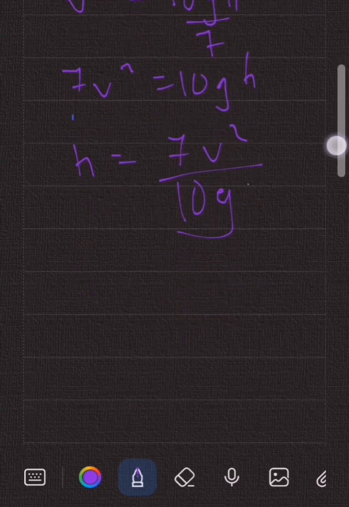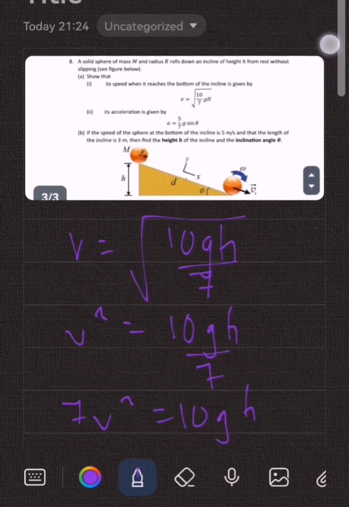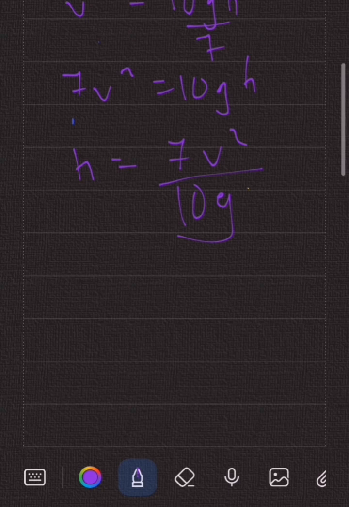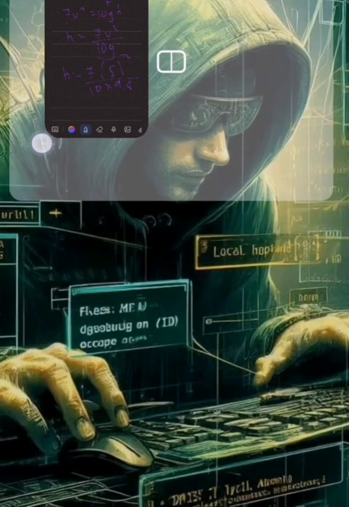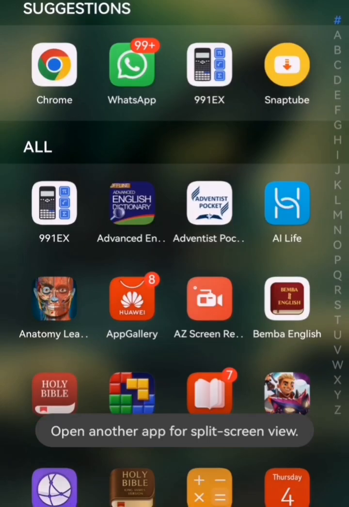All right, so we need to punch this in. What do we have? We have the velocity, which is 5, so we're going to say 7 multiplied by 5 squared over 10 multiplied by 9.8. We need to punch this on a calculator.